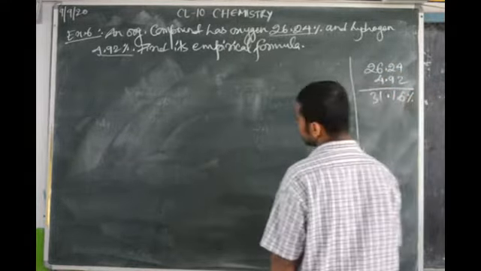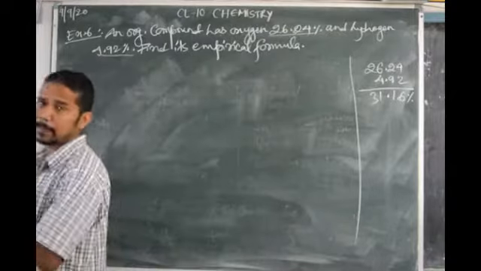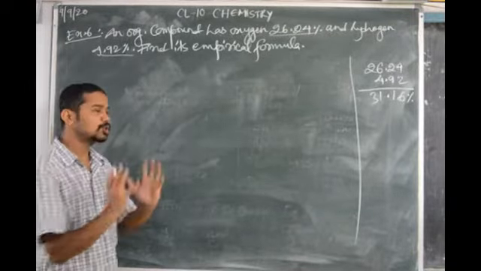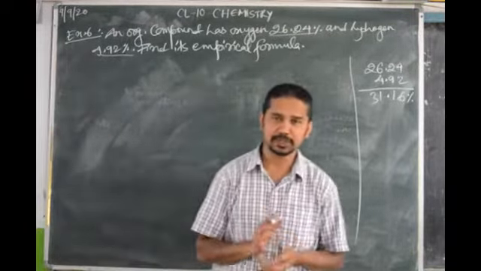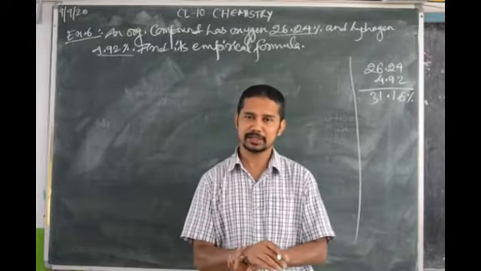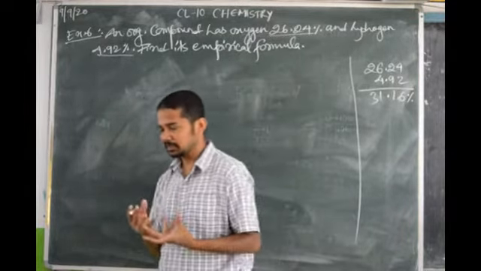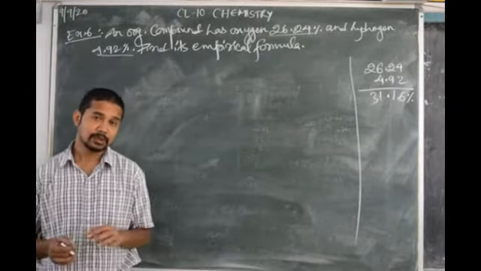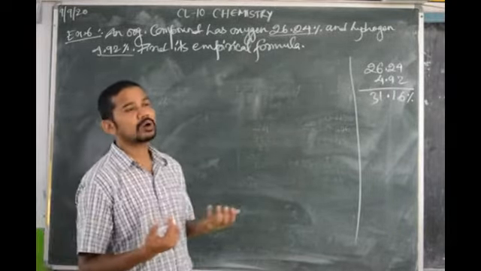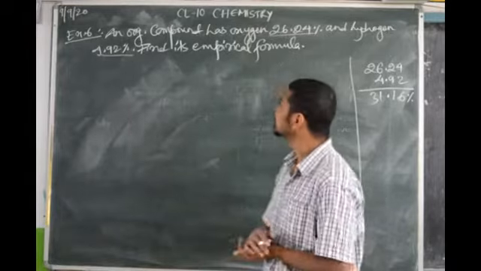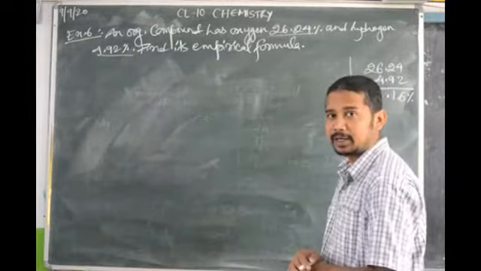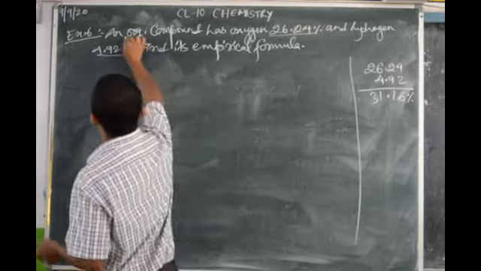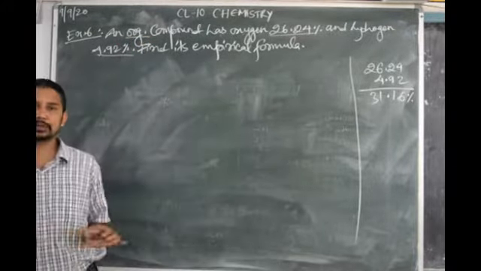So only 31.16% is there. That means a huge percentage weight is missing. So what was there in step number 1? Sometimes the percentage weight of either carbon or hydrogen or oxygen is not given, especially if the compound is an organic compound.